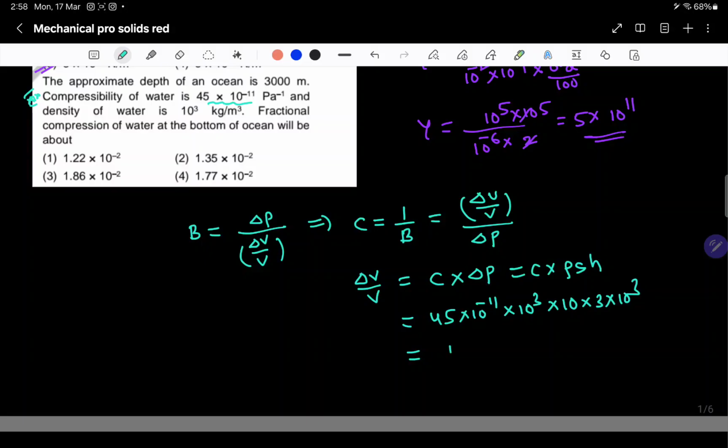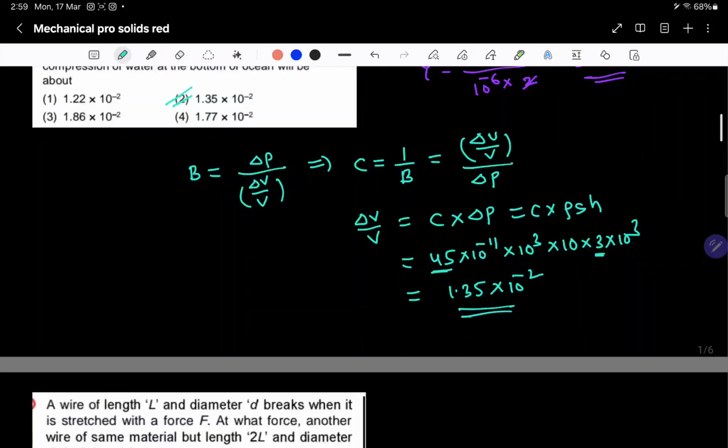After simplification, students, you will get option second, 1.35 into 10 power minus 2. Clear, students? So fractional compression of water 1.35 into 10 power of minus 2. No unit, students. Change in volume to original volume.